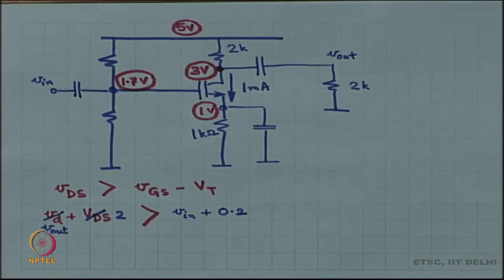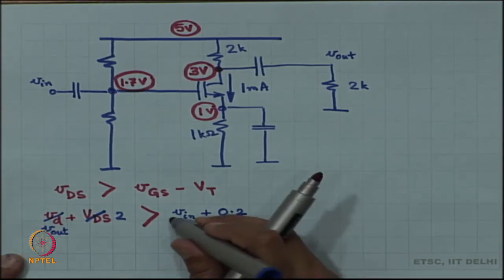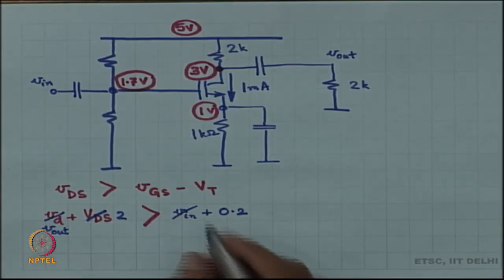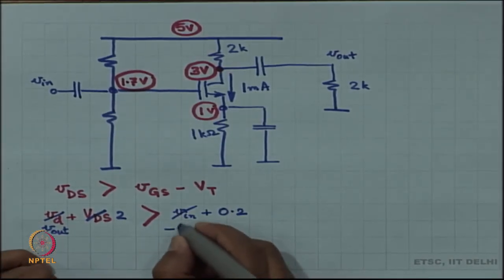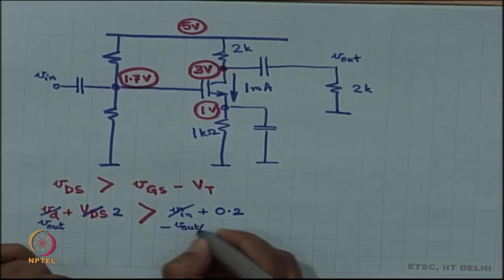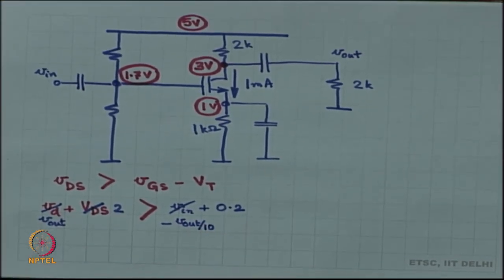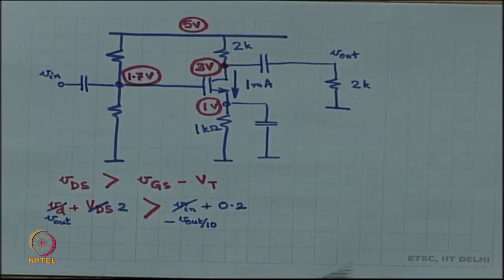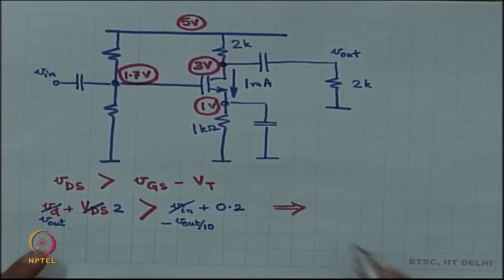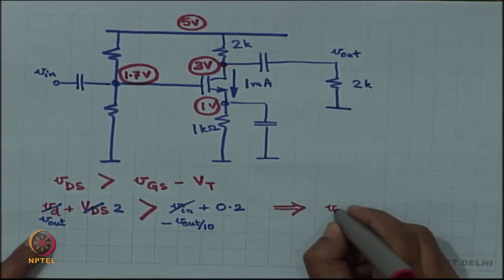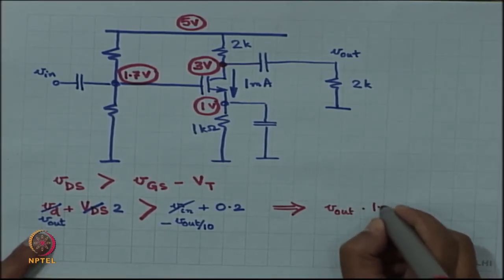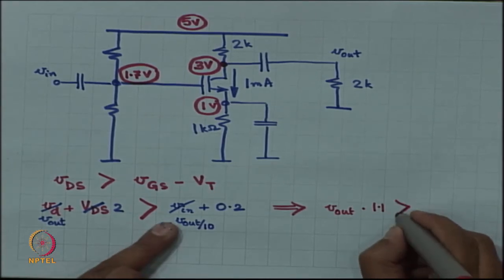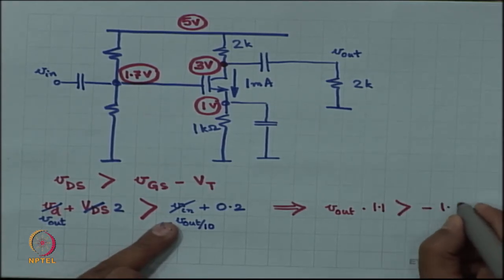And going by the gain that we have computed, V in is nothing but minus V out by 10, okay. And this gives you, you put all the V outs together, this has to be greater than minus 1.8.